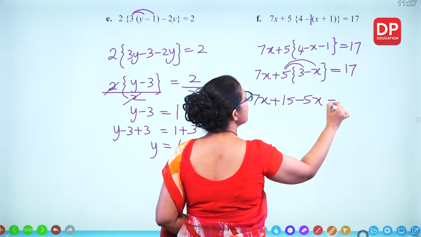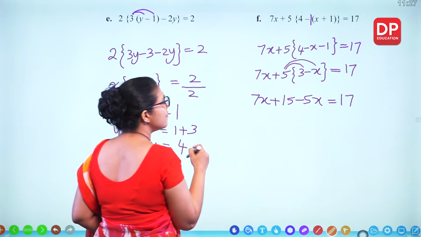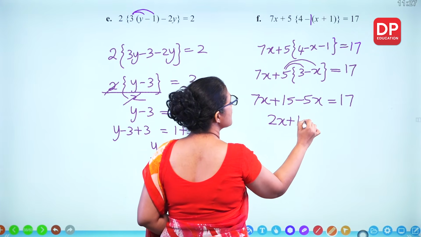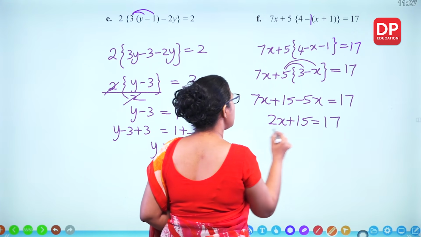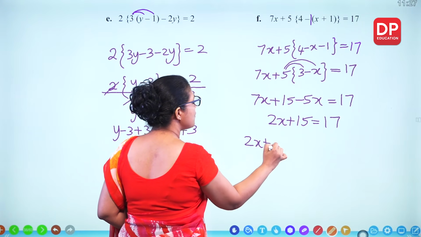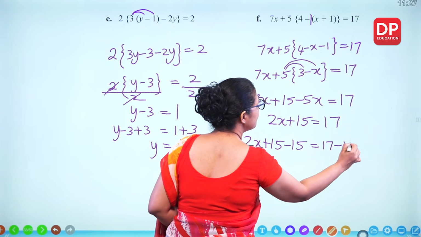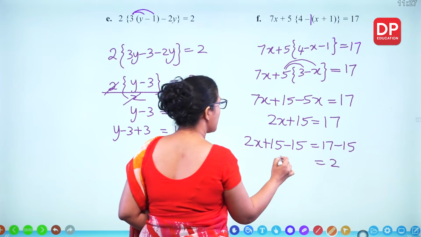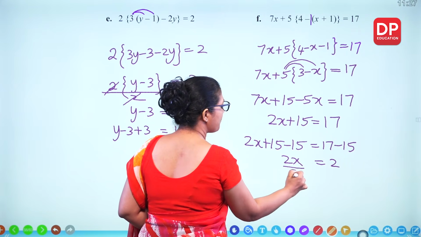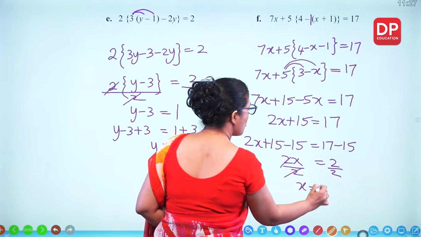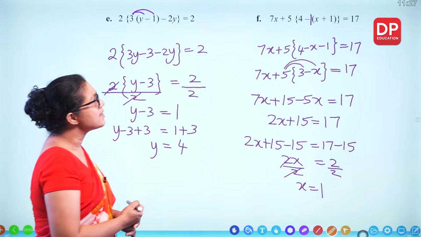Multiply by 5. Now 7x minus 5x, 2x plus 15 equals 17. Subtract 15 from both sides. You get 2 here, 2x there. So when you divide this by 2, you get x equals 1.